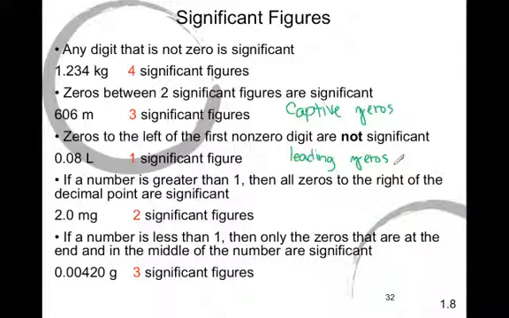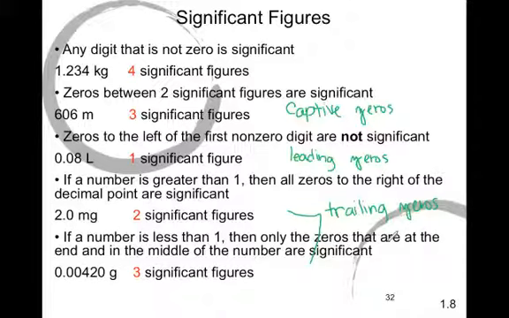If a number is greater than 1, then all zeros to the right of the decimal point are significant. And if it's less than 1, then zeros that are at the end and in the middle of the number are significant. I'm going to combine these two and call them both trailing zeros. And the rule with trailing zeros is that trailing zeros are always significant if there's a decimal point.